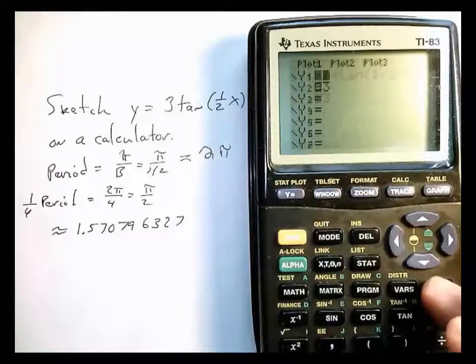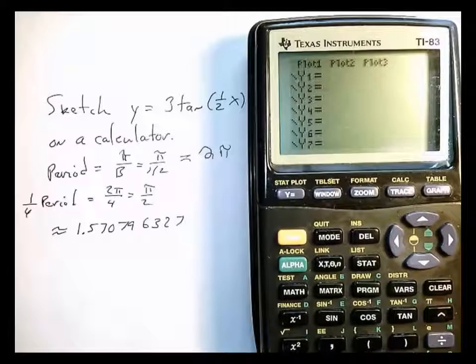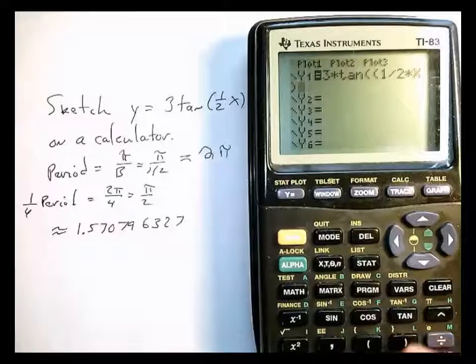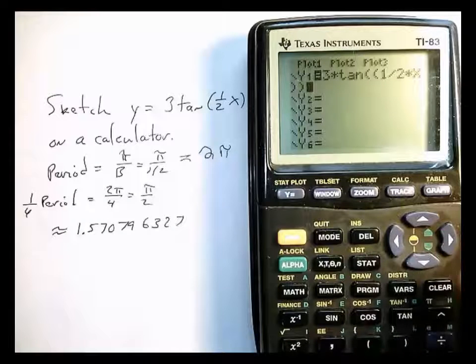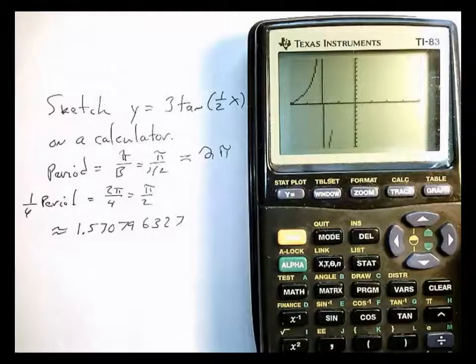So clear this. Oops. So this is going to repeat over and over. If I want, I can do that. So I have 3 times tangent of 1 divided by 2 times x, and maybe I want to graph this.